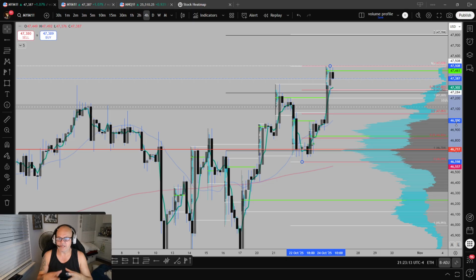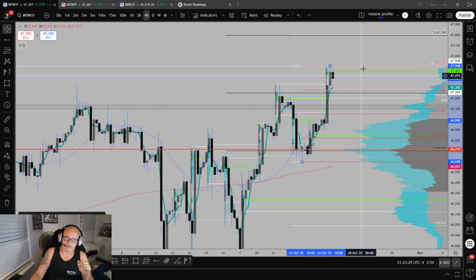What I want to see here in these levels are fair value gaps at specific levels, which are the quarters, 25, 50%, 75, okay? And then we have the high of the range and the low of the range.